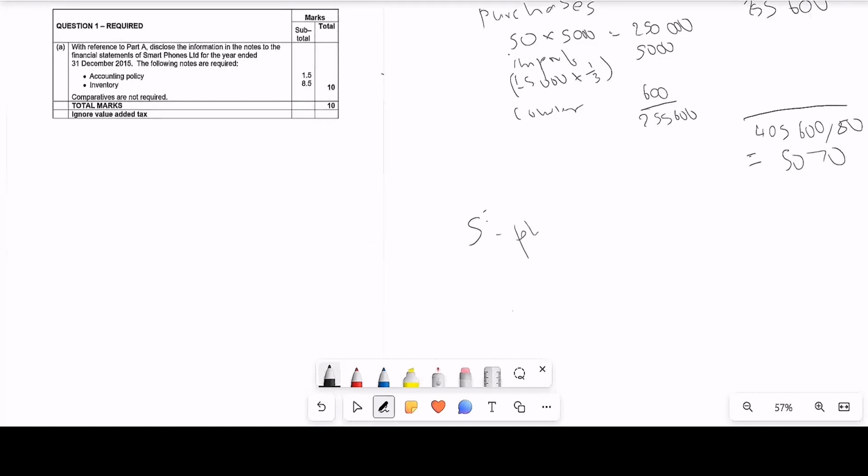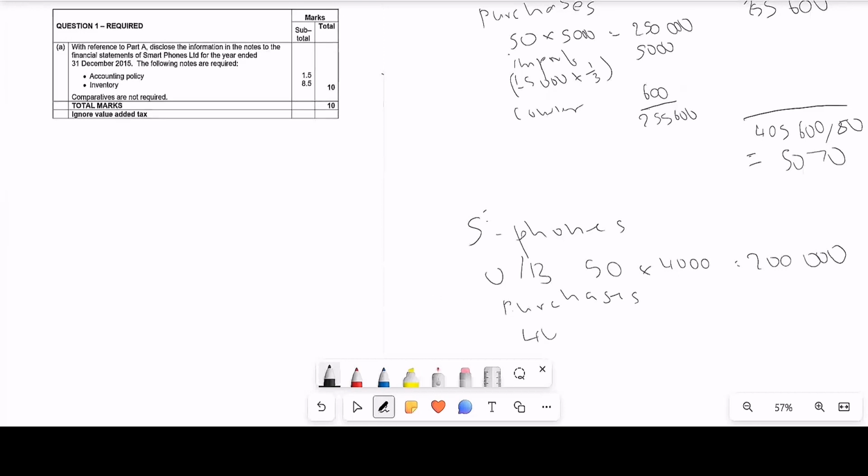S phones. The opening balance was 50 phones times 4,000, which gave us 200,000. Remember with this one, pertaining to the purchases, there were no import duties because they were claimable.